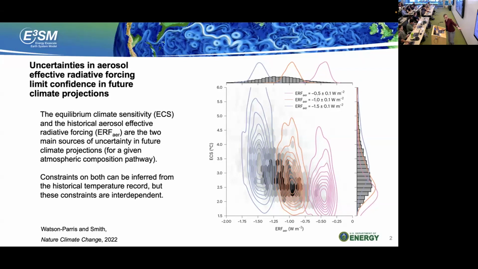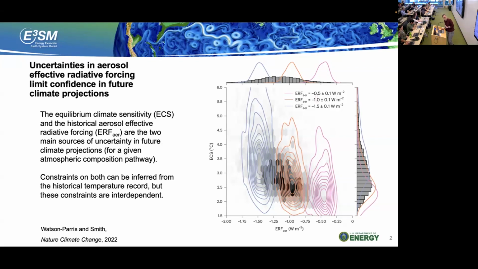This is from Watson-Gandy, Smith, and others, Nature Climate Change 2022. On the x-axis, it's showing the aerosol effective radiative forcing in watts per square meter. On the y-axis, the equilibrium climate sensitivity from a perturbed parameter ensemble. They built an emulator and ran the emulator with various different perturbed physics values. What they're showing is that if you constrain the aerosol effective radiative forcing, it implies a constraint on the climate sensitivity, and vice versa.